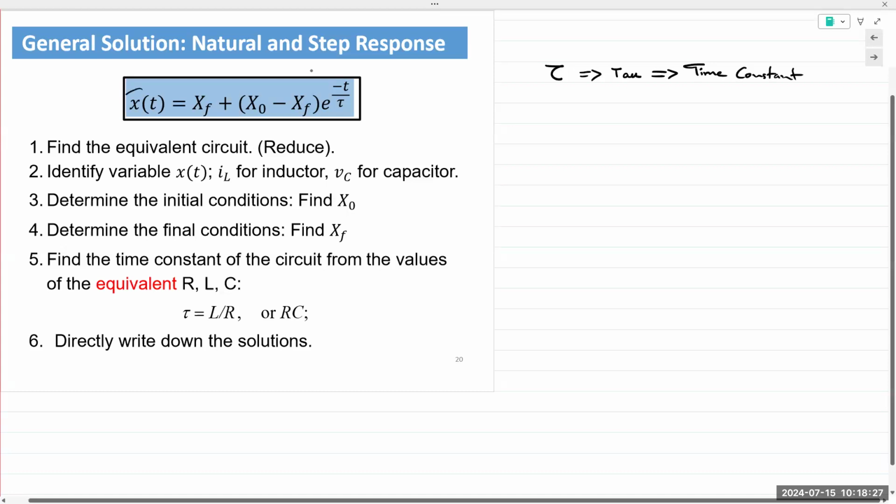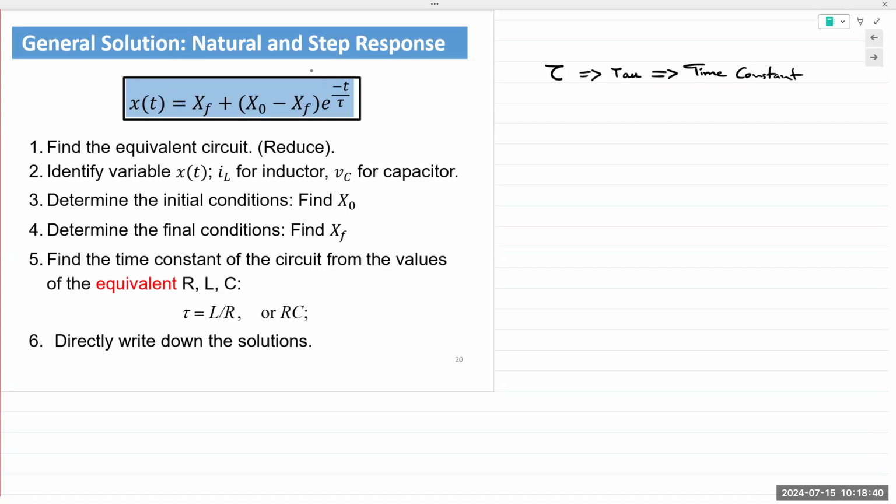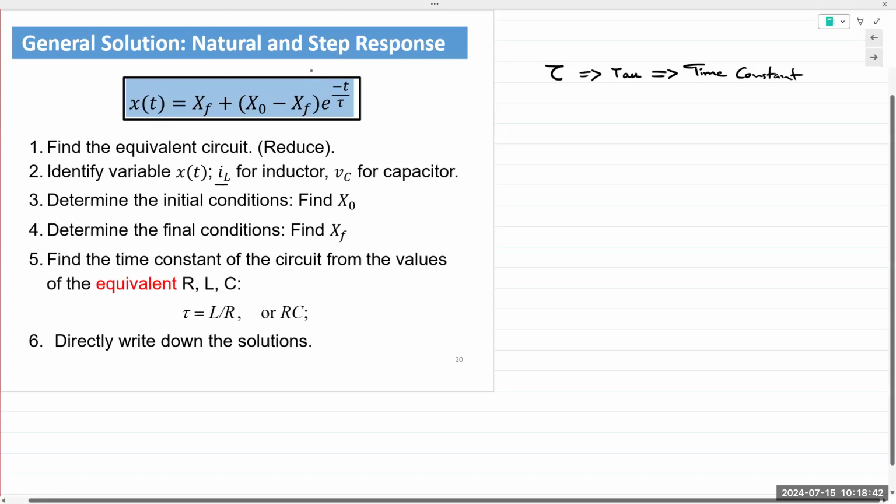First, what is it that this equation is describing? It is x of t. X can be either voltage or current. Typically, we write the current equation for an inductor, and we write the voltage equation for a capacitor.